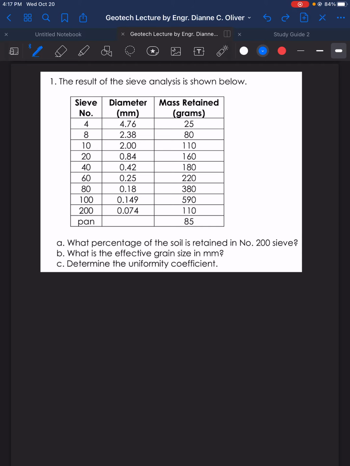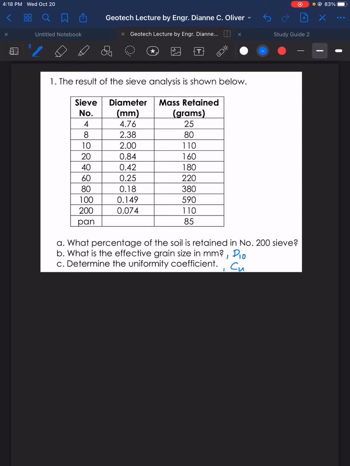What percentage of the soil is retained in number 200 sieve? Then for letter B, what is the effective grain size in mm? What is effective grain size again? As mentioned, it is D sub 10, the diameter at the 10% finer. It's asking for the diameter in mm. Now letter C, determine the uniformity coefficient, or that is C sub U, or the CU.